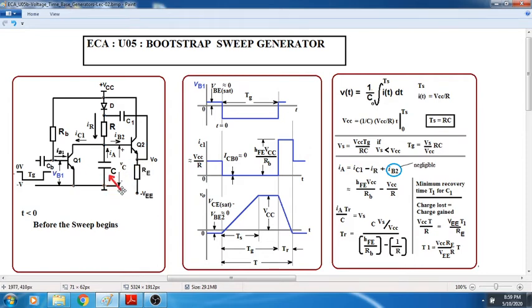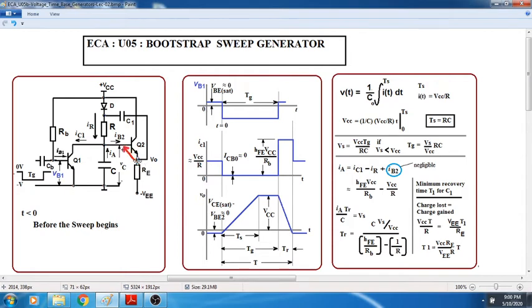So from V0 to ground, the voltage will be this voltage, VCE sat, minus VBE2. So this is VBE2, this is VCE sat. The voltage at V0 will be equal to VCE sat minus VBE2.